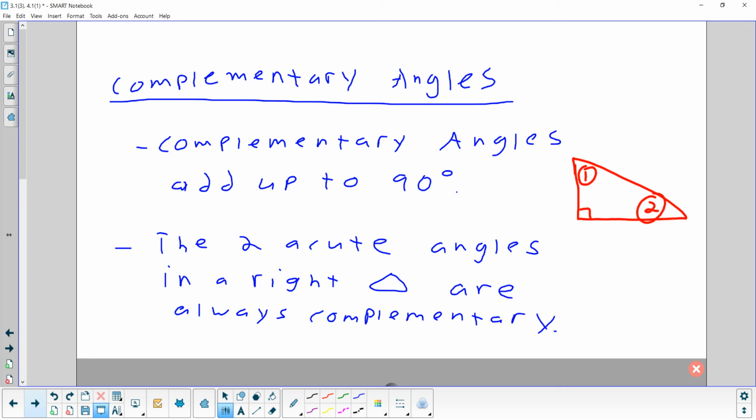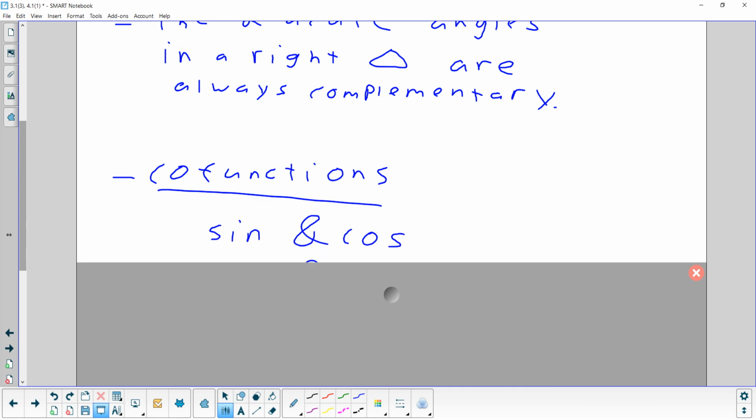Prove it to me. Why? James? Because all the angles in a triangle have to equal 180, and it's a right triangle, so there's already an angle that's 90 degrees. That's an important piece. You've already used 90 right there. If you've already used up 90, and they all have to add up to 180, then these other 2 angles together have to add up to 90 to make everything add up to 180. So those 2 angles are always going to be complementary.